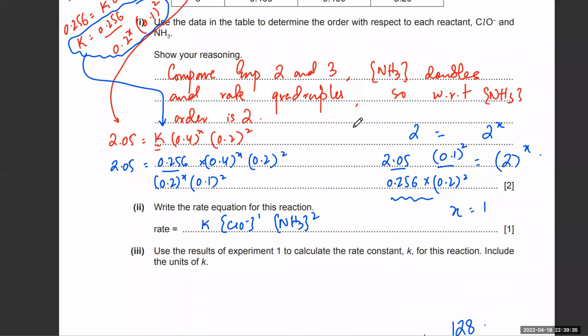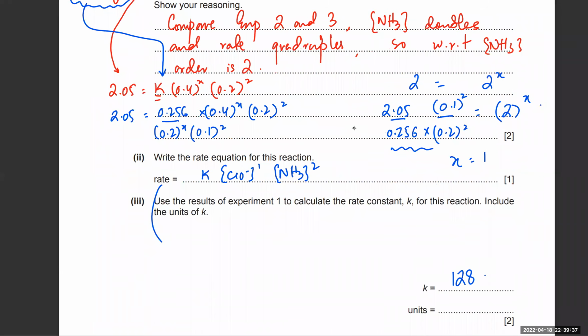The units given are mole per dm cube per second. So that's x per second is equal to K into x squared. And when you simplify it, it's going to come out to be x minus 2 and s minus 1, and that's equal to K, which is mol minus 2 dm6 s minus 1.